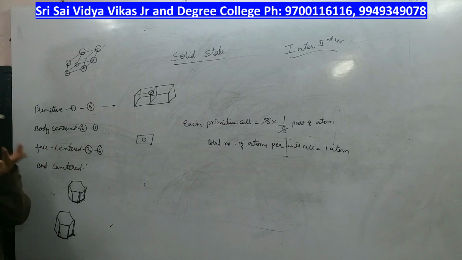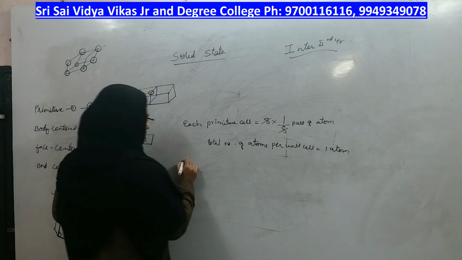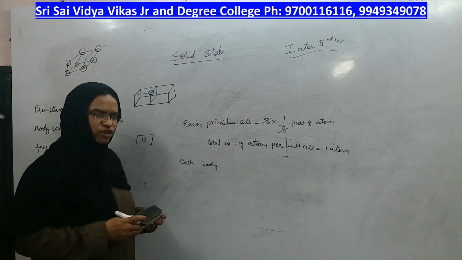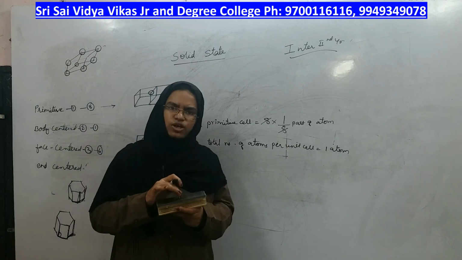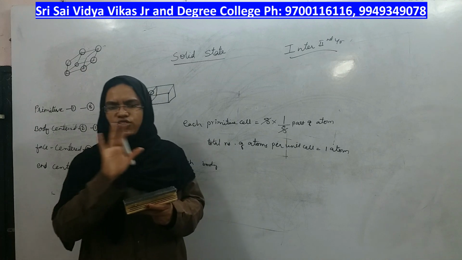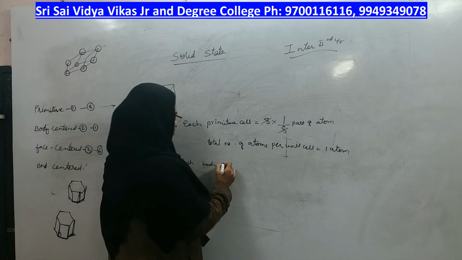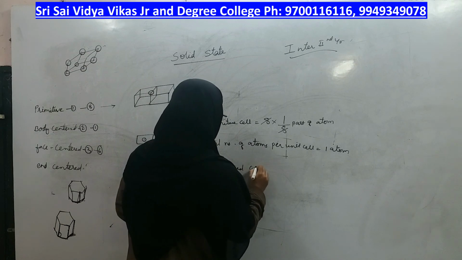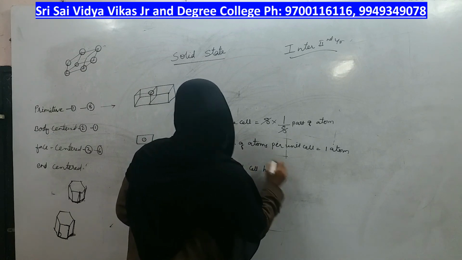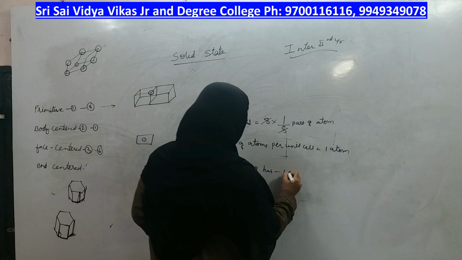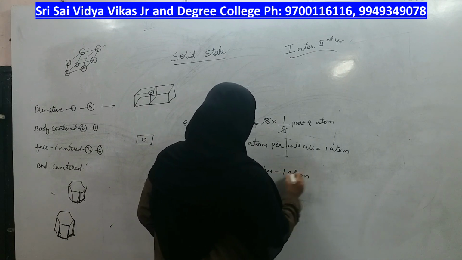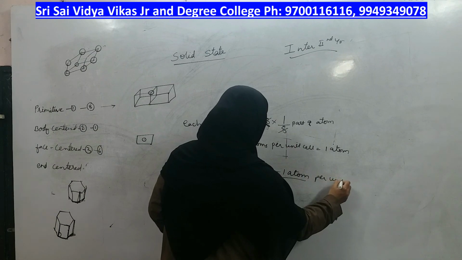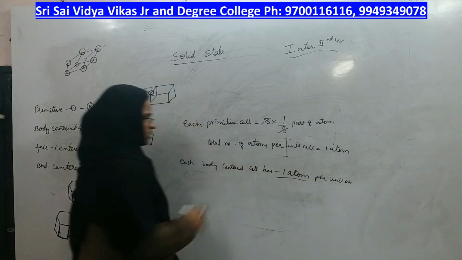No, right? If it is present in the center of the body, it belongs to that body only, no one else, right? Each body centered cell has 1 atom per unit cell, and that is common, right?